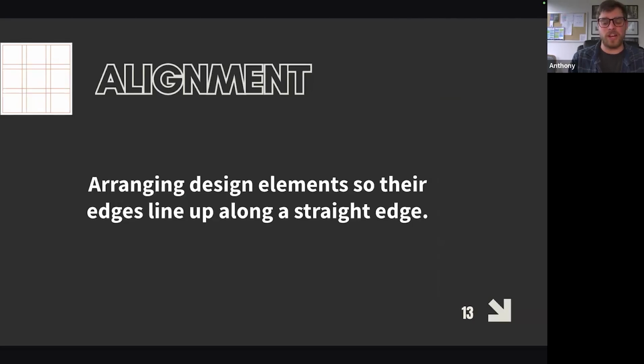Alignment is arranging design elements so their edges line up along a straight edge. Simply, this could be centering elements in the middle of your design, like I did with this right here. And I'll show you some tricks to make sure that's centered in Canva a little bit.